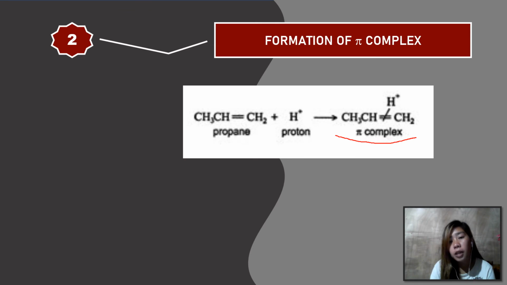When we add the hydrogen atom to the propene, the pi complex will be formed. This hydrogen atom will now attach itself to the double bond so that it can have its way to the carbon here. That's basically what is happening when the hydrogen atom attaches to the carbon atom in the hydrohalogenation process.